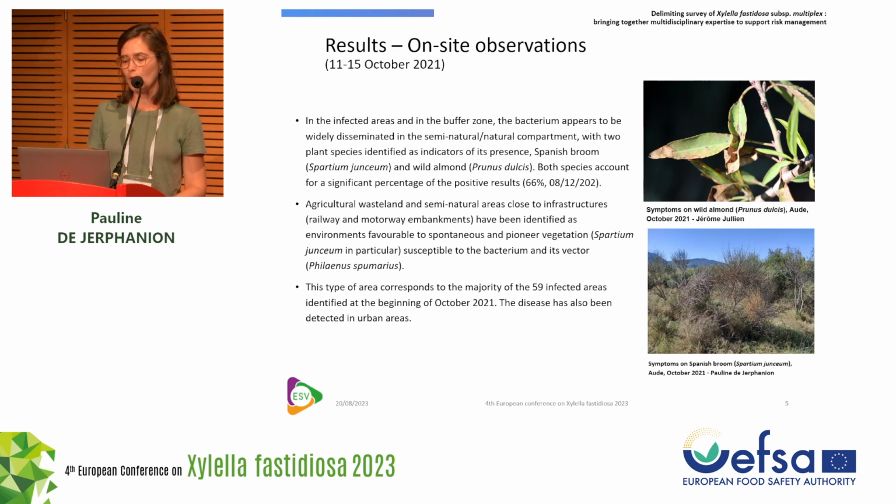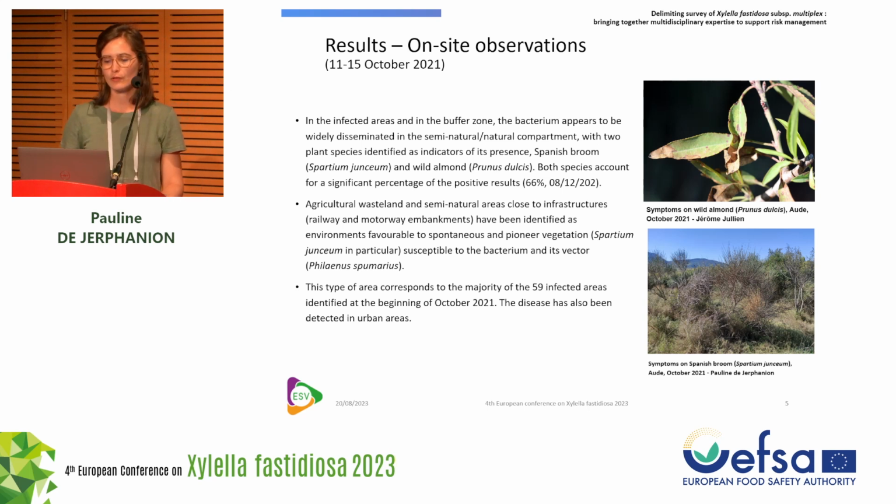During the on-site missions, the working group could observe that in the infected areas, the bacterium appears to be widely disseminated in the semi-natural and natural compartments, with 2 plant species identified as indicators of its presence, Spartium junceum and wild almond Prunus dulcis.